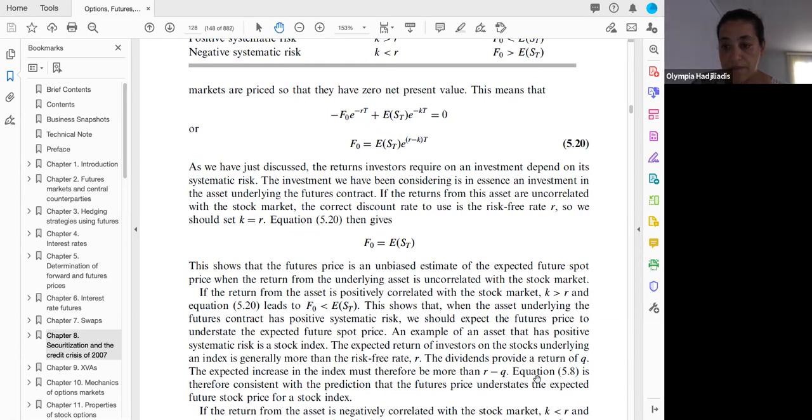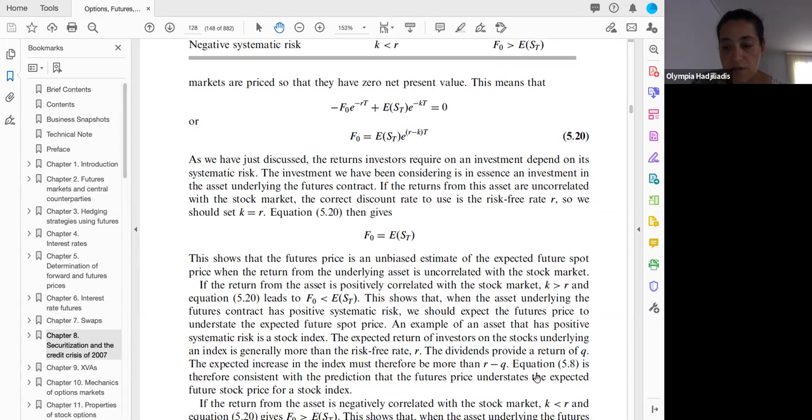And so equation 5.8 is consistent with the prediction that the futures price understates the expected future stock price for a stock index.